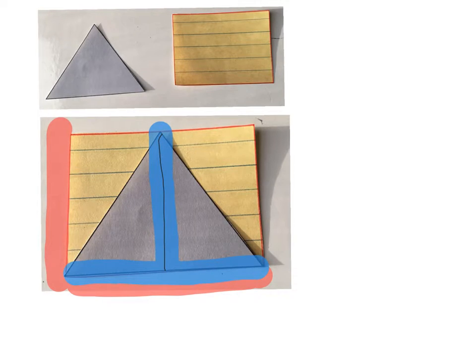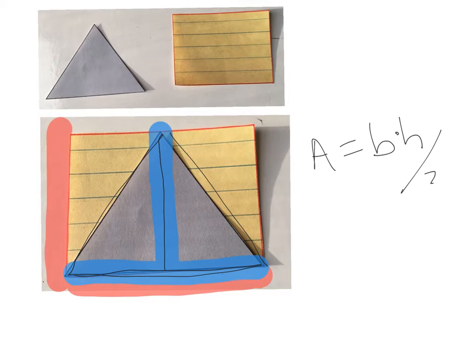So if I have my height there and my base there, then my gray section is the same as my yellow section. Same with over here on this side, gray is half and the yellow section are the same. So my triangle is half of the rectangle. So my area is base times height divided by 2. So that means this triangle and the other triangle have the same area.